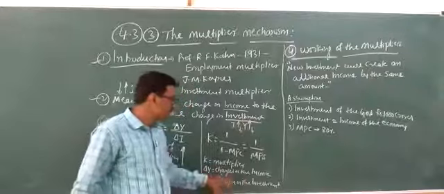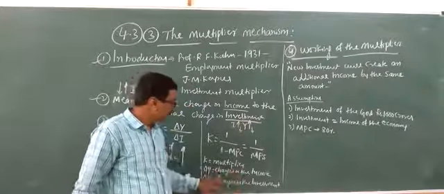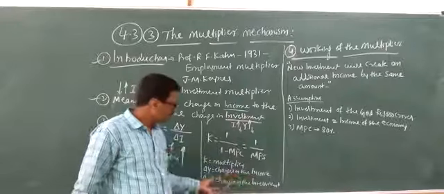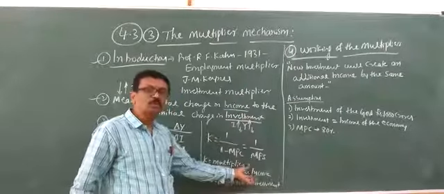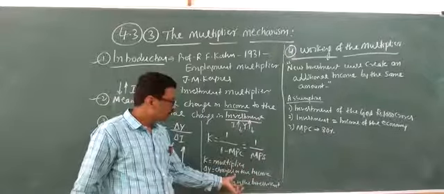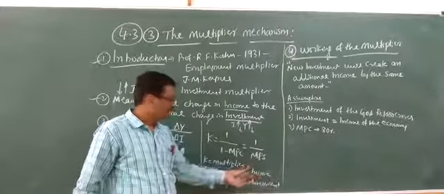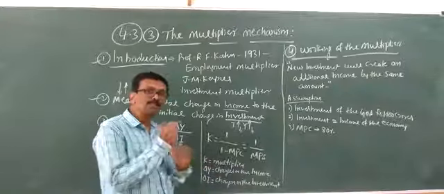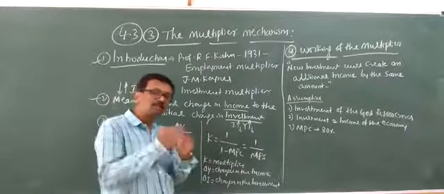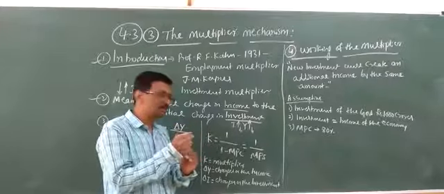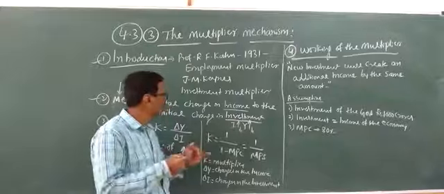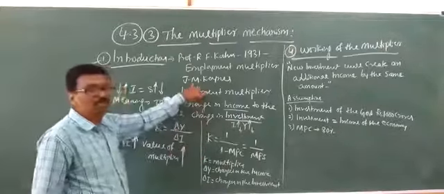Income changes correspondingly, from 100 crores to 150 crores. Whatever the proportionate increase in investment, income increases in the same proportion. That valuable opinion was given by Professor John Maynard Keynes.